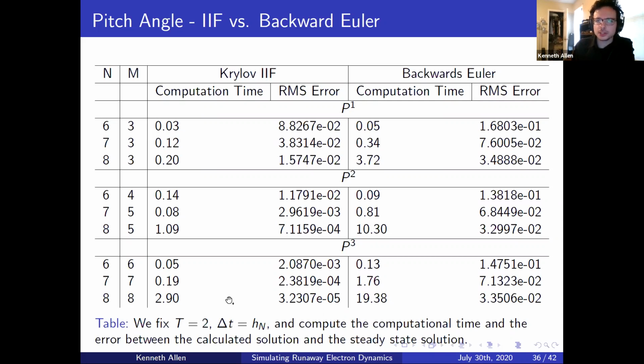For example, for this level 8 DG sparse grid of polynomials of degree at most 3, the Krylov IF method took 2.9 seconds to compute, whereas the backward Euler method took almost 20 seconds, and the error is actually smaller even for the Krylov IF method. So we can see some benefits of using the Krylov IF method with this table.